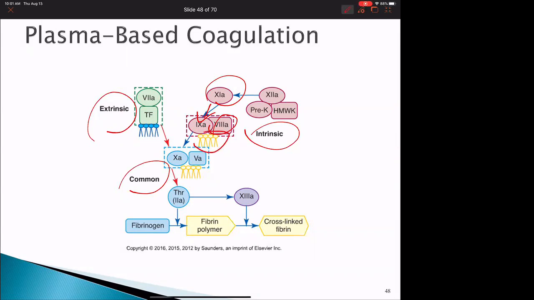Now, this over here means that there is a phospholipid membrane. The activated phospholipid membrane is needed for this complex to form.